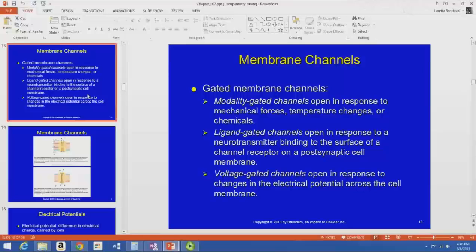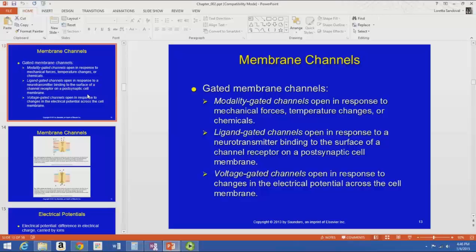That changes the electrical potential across the cell membrane, and maybe it opens some voltage-gated channels, and the electrical signal propagates down the neuron and goes to the presynaptic terminal and releases neurotransmitters, and then those neurotransmitters bind to a ligand-gated channel and they go on down the chain.